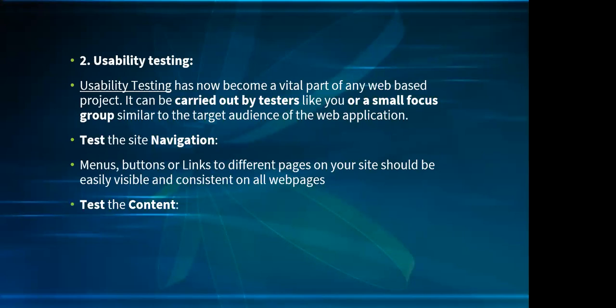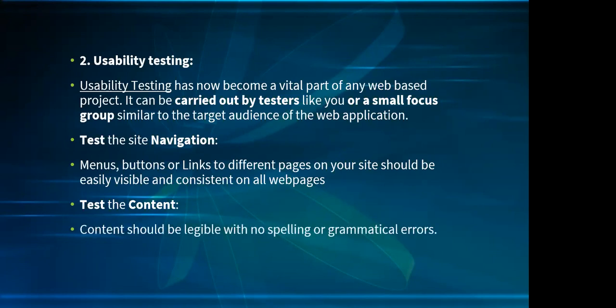Just look at it. Those are bugs that can be caught easily when it comes to website testing. Content should be legible with no spelling or grammatical errors. Check the images too: if there's any image there, check it.